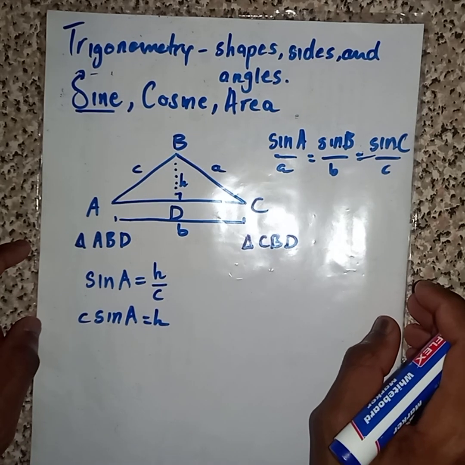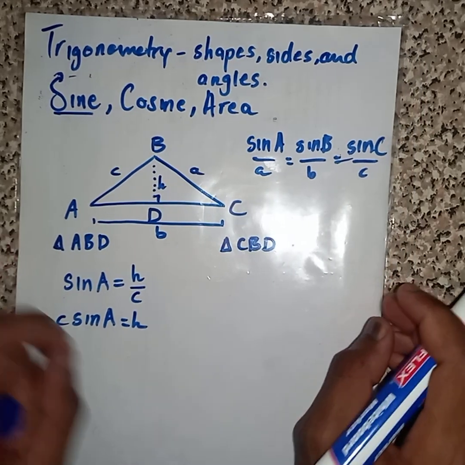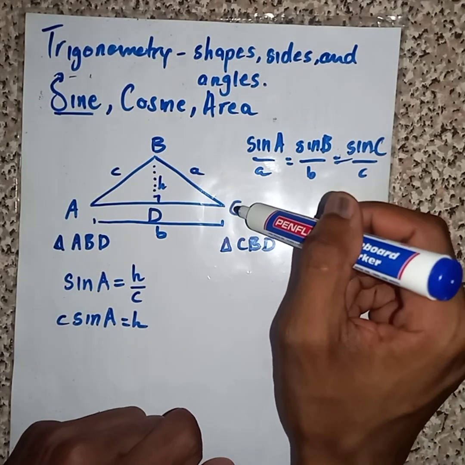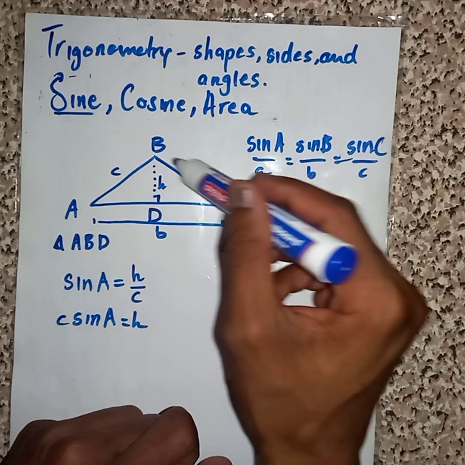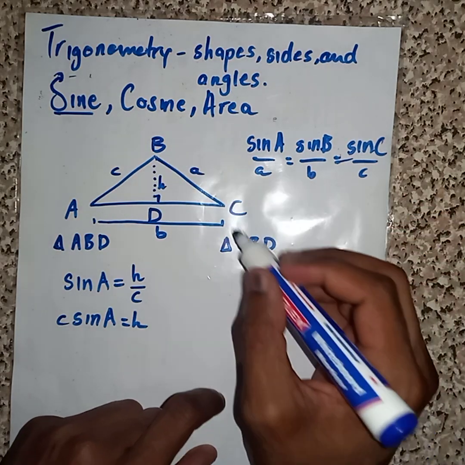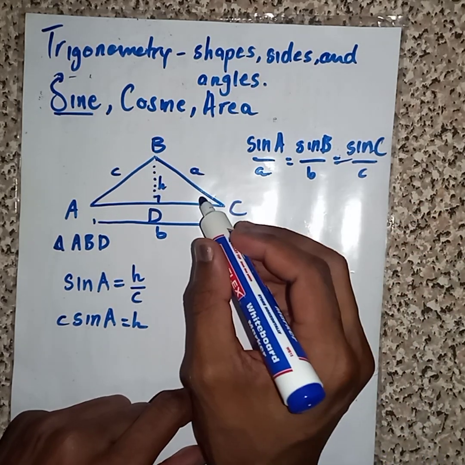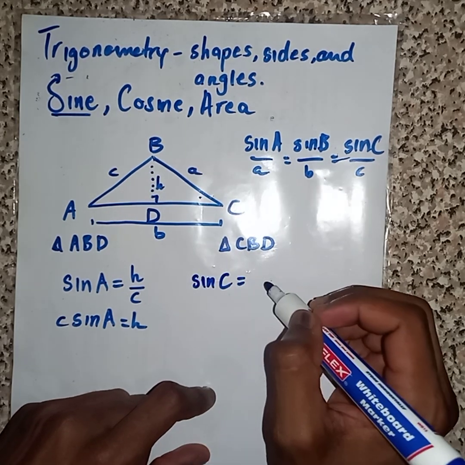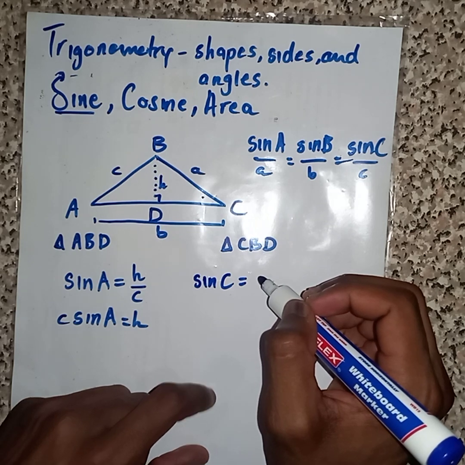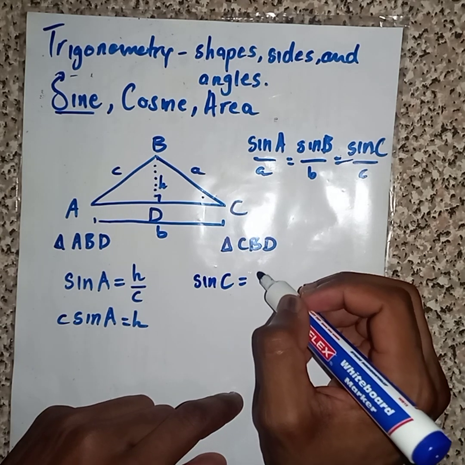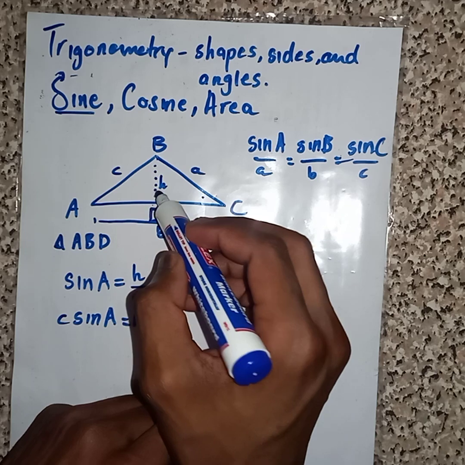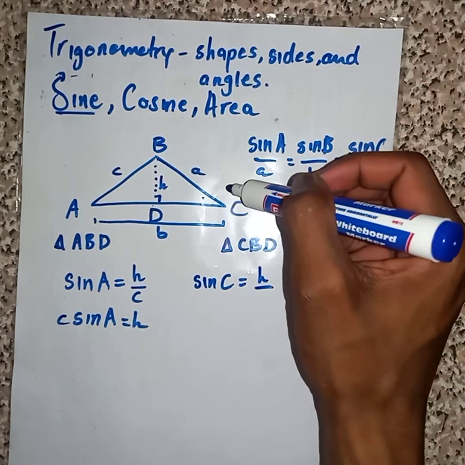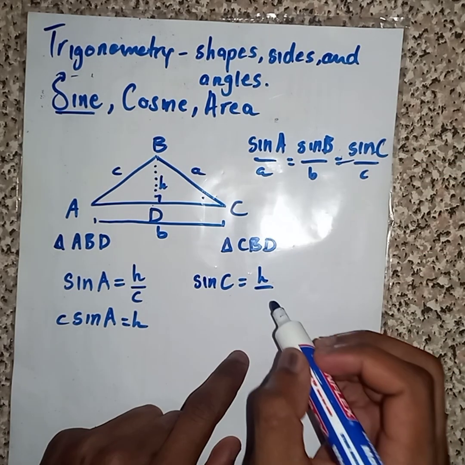Then now, let us do the same thing in triangle CBD. Let us find the sine of C. Sine of C is given by opposite, which is h, your BD, over your hypotenuse, which is BC, which is a in this case.